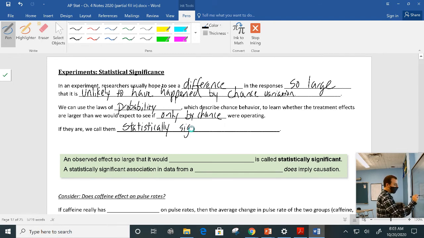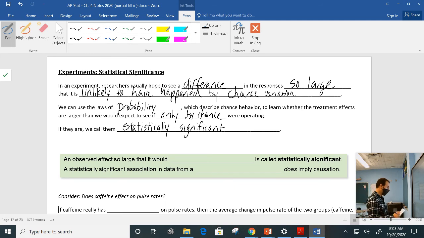So this is what's coming down the pipeline, but it's just kind of a preview. Say I find the average hours slept with 2 pillows is 8 hours, and the average hours slept with 1 pillow is 6 hours. Is that a large enough difference to prove that the number of pillows affects the number of hours that you sleep? That's where we're coming, okay?